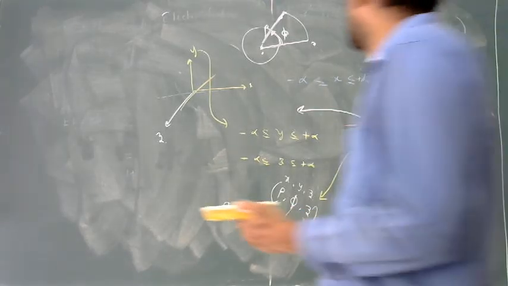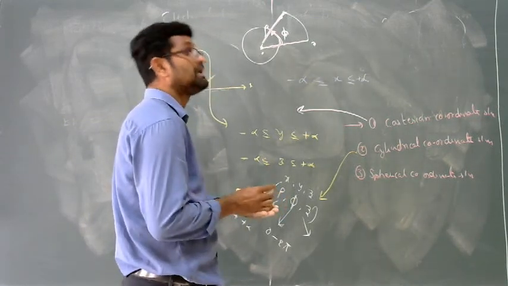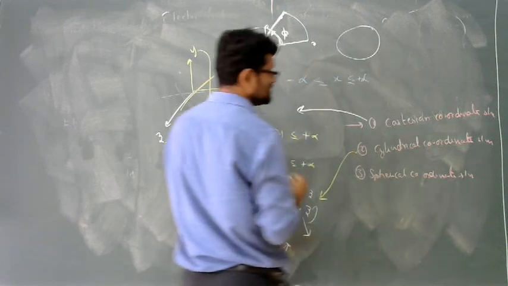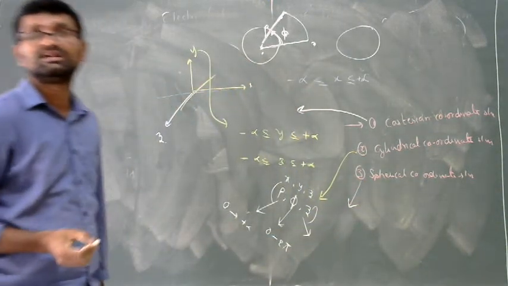Next, the spherical coordinate system. A sphere is like a globe, also a three-dimensional view.